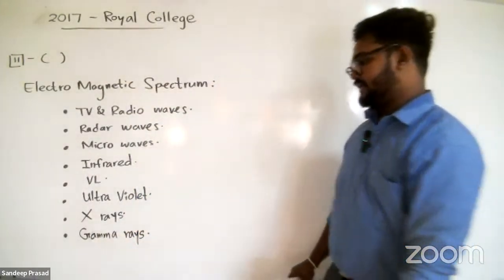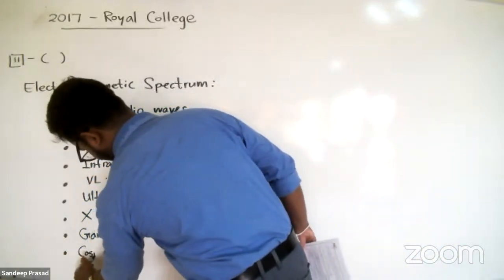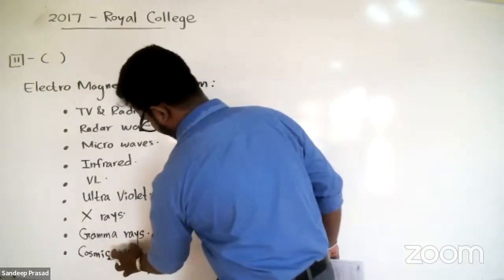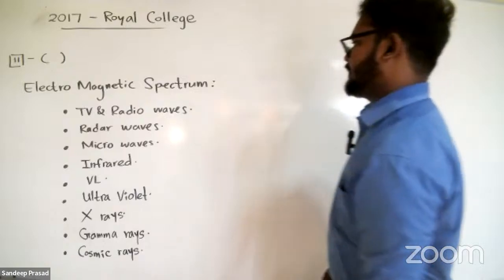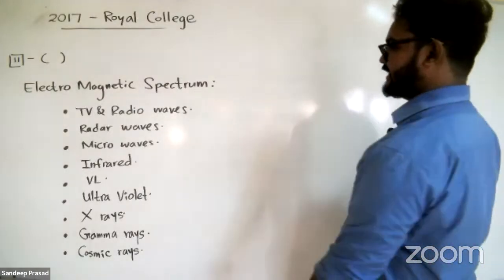Now we can include here for this list, cosmic radiations also can be included. Cosmic rays can be found in space, but we can consider that one also. Right? So this is the electromagnetic spectrum.